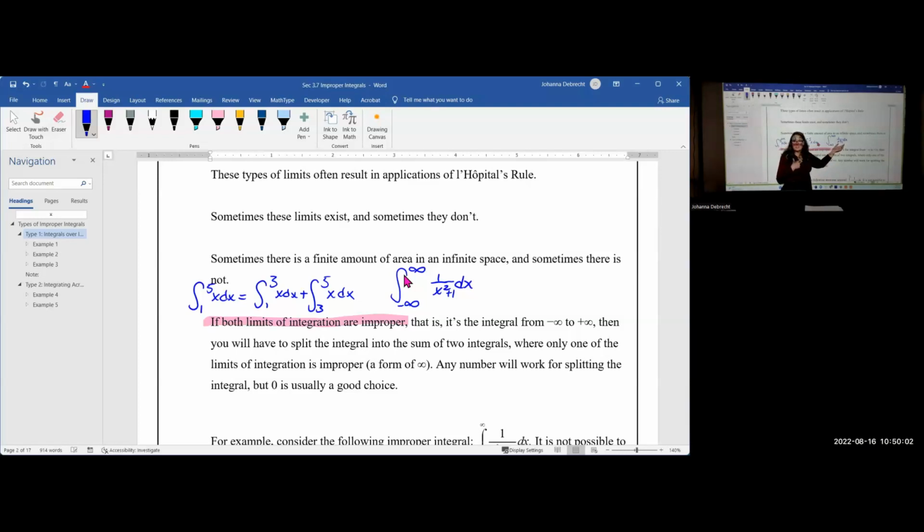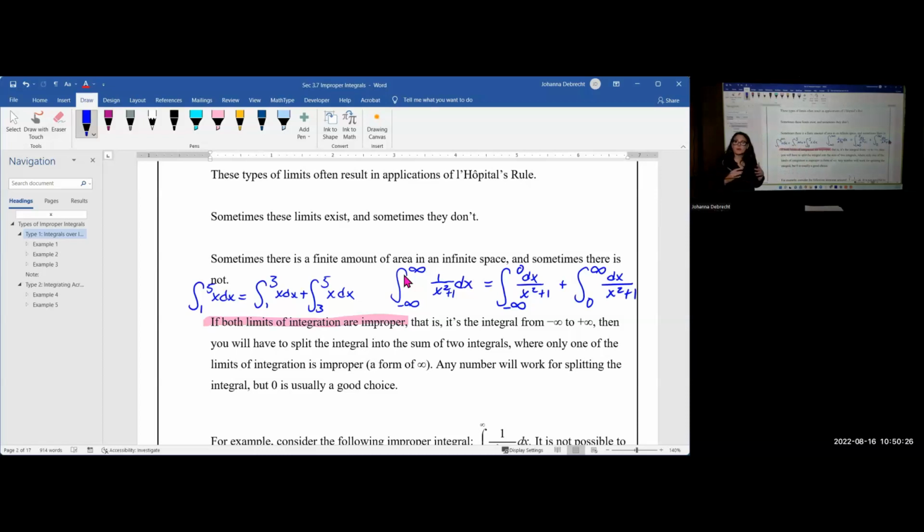My favorite, of course, is 0, provided 0 doesn't cause the denominator to be undefined. So in other words, I would write this as the integral from negative infinity to 0 of dx over x squared plus 1, plus the integral from 0 to infinity of dx over x squared plus 1, right?